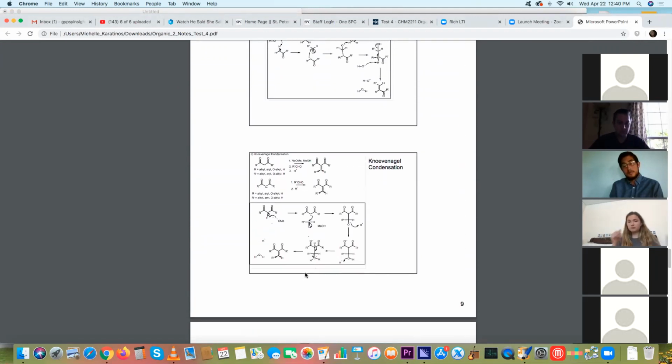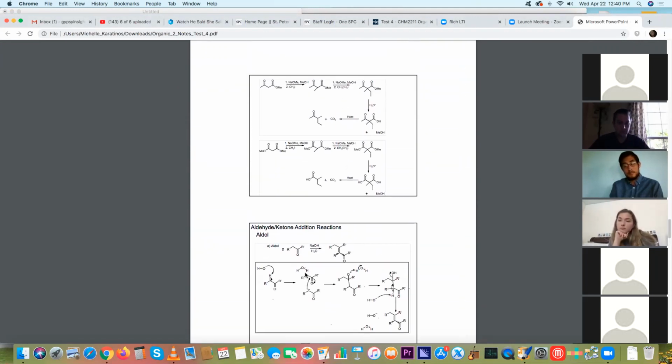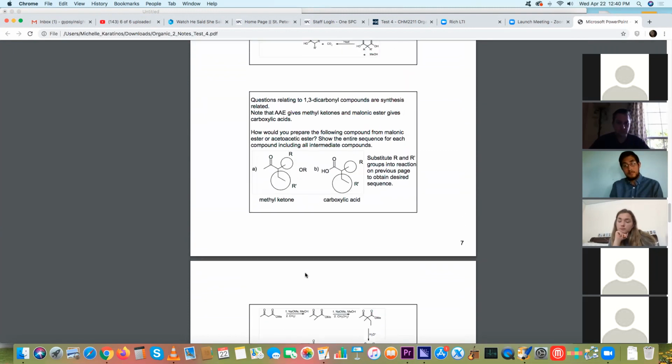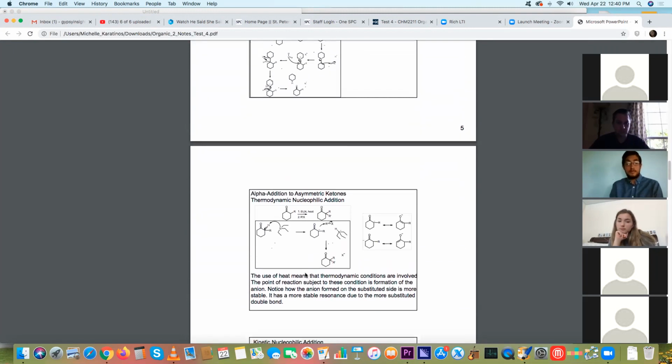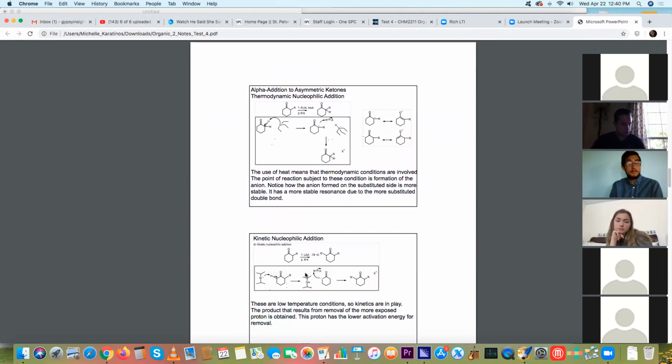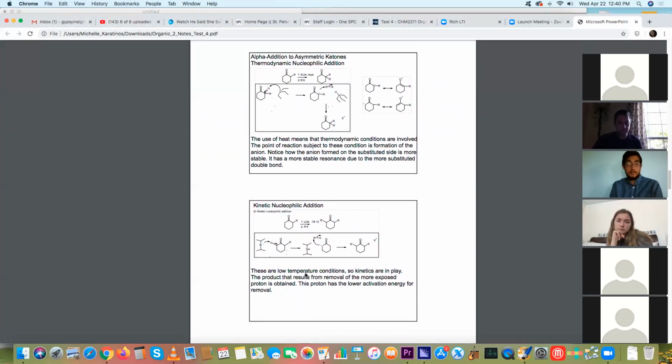Let's see if we can find it here. There we go. So there's the two reactions there, the two possibilities. One that involves what I'm calling thermodynamic nucleophilic addition, and another one involving kinetic nucleophilic addition.